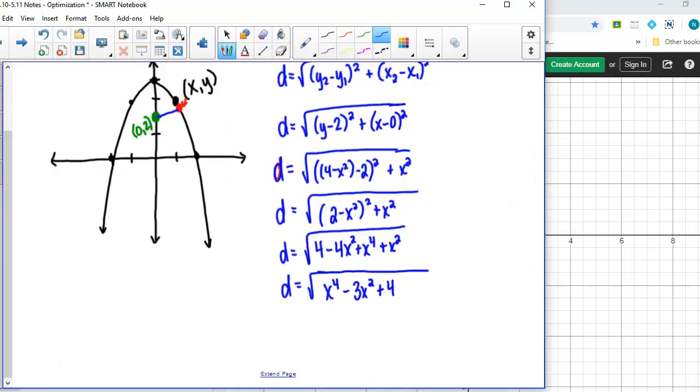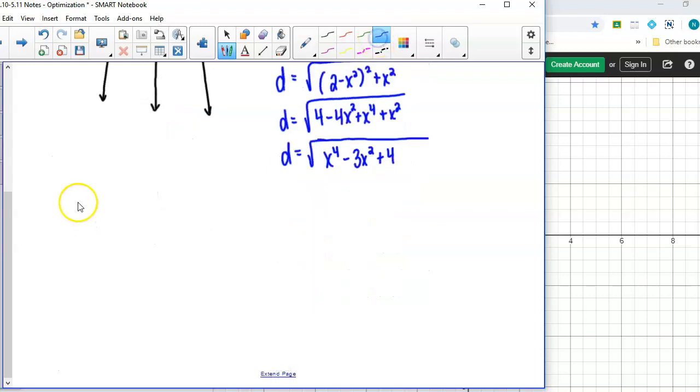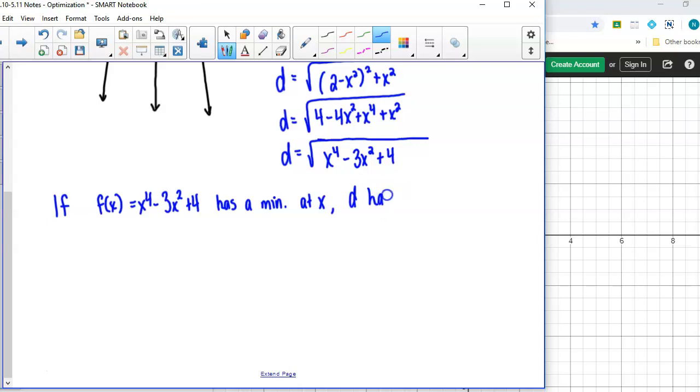So what we can do to make this problem a little bit easier is we can say if f of x equals x to the fourth minus 3x squared plus 4 has a minimum at x, then d has a minimum at x.